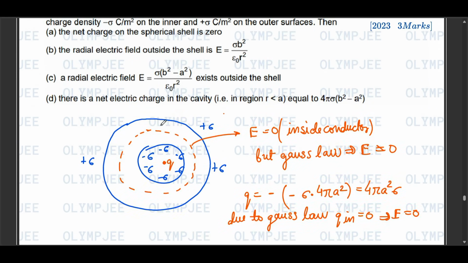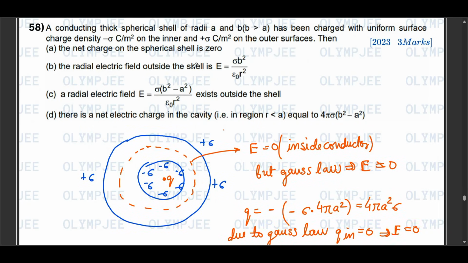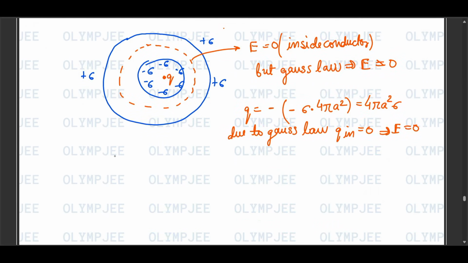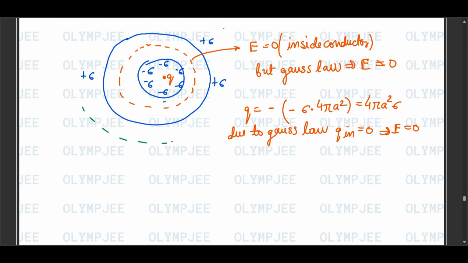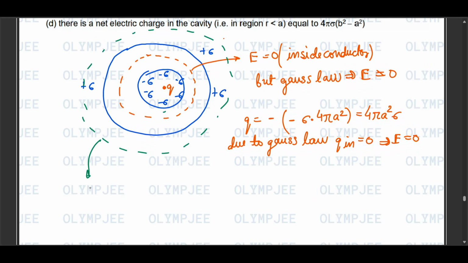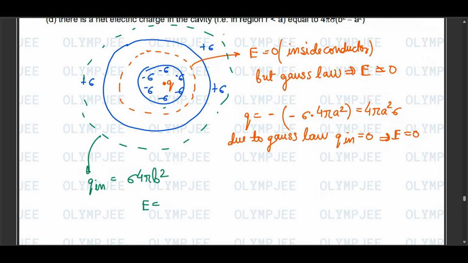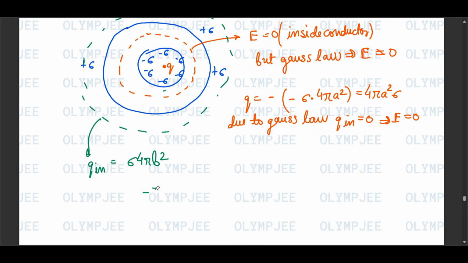So this will finally give us the radial electric field outside the shell. Since the inside is 0 in total and there is only plus sigma, for this Gaussian surface in green, Qn will become equal to sigma multiplied by 4 pi b square. We know that the integral of E dA is equal to Qn by epsilon naught.